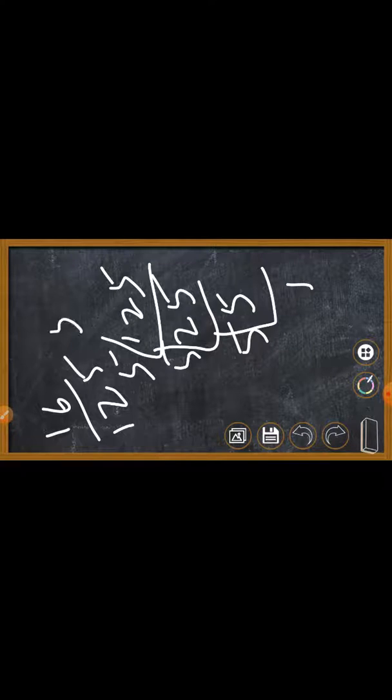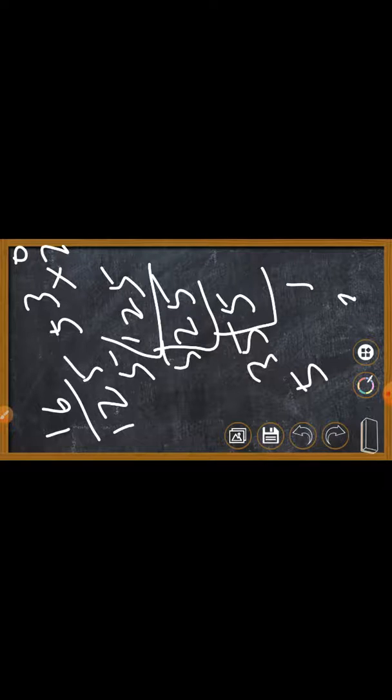So it becomes 5 to the power 3 only. Understood? 5 to the power 3 and 2 to the power 0, because there is no 2. Still this one is a terminating decimal. This is a new thing: if it is only 5, then also it will be a terminating decimal.